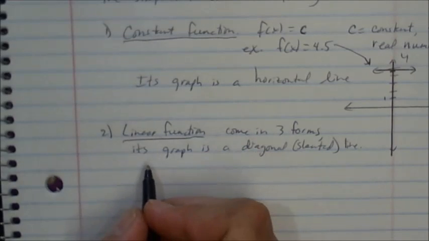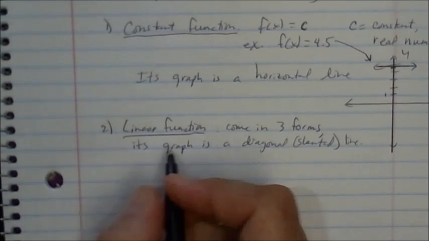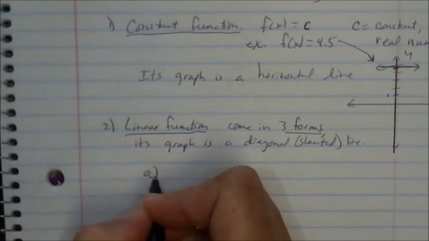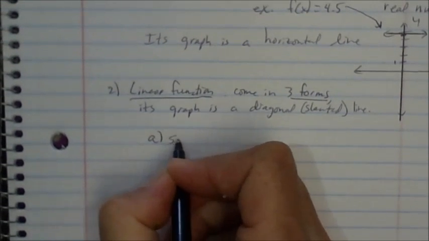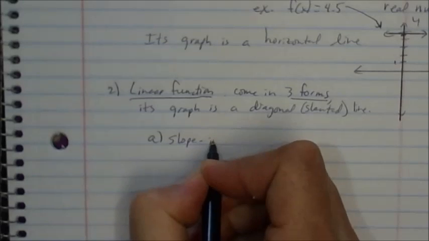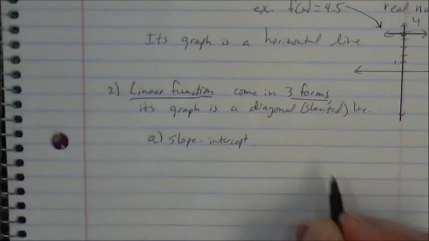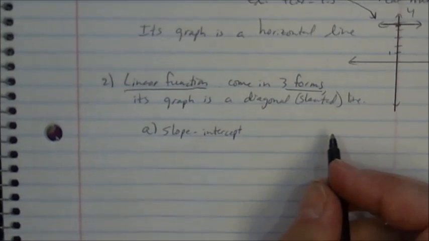Linear, the root word of linear is line. So the first form you'll see is called slope-intercept form. This is the most common one that you worked with in Algebra 1.